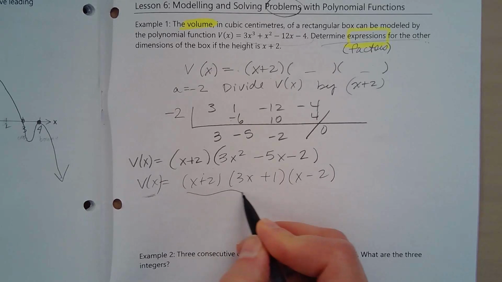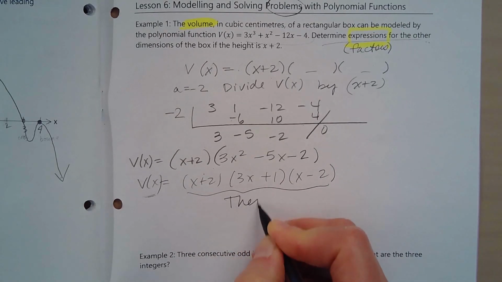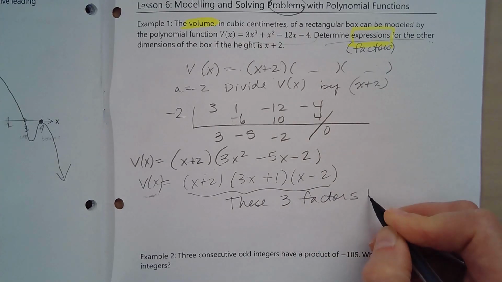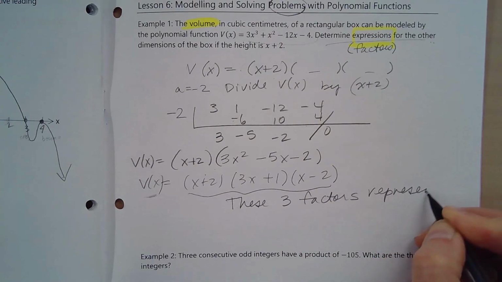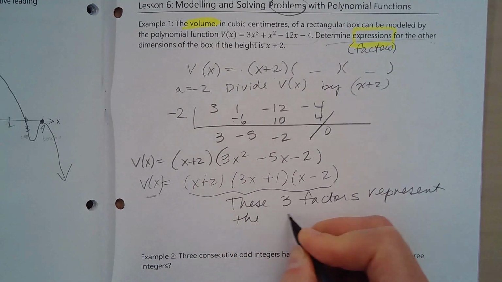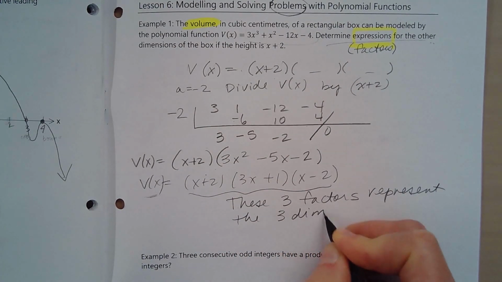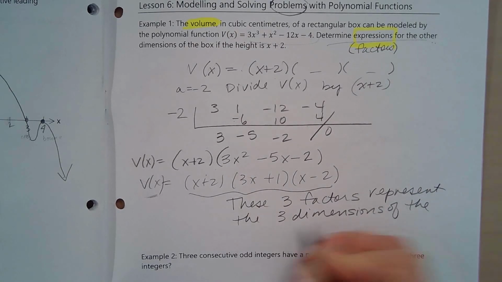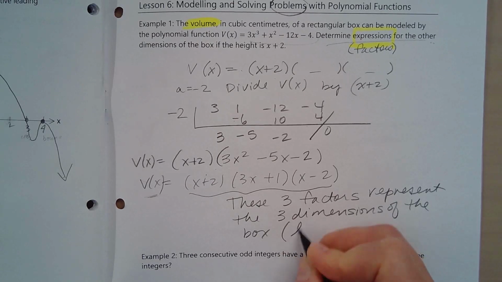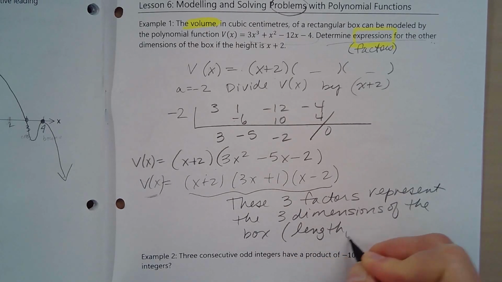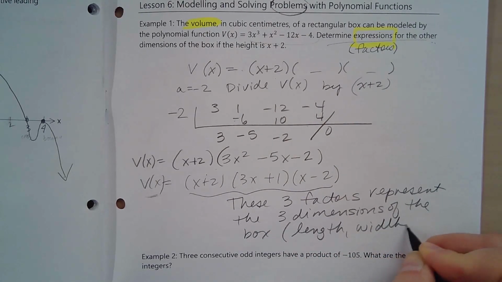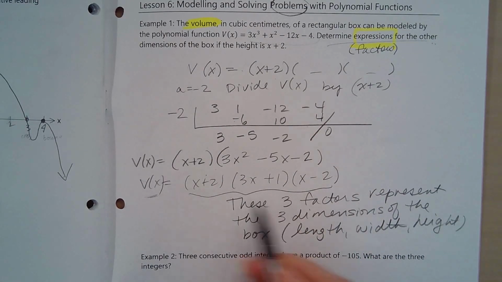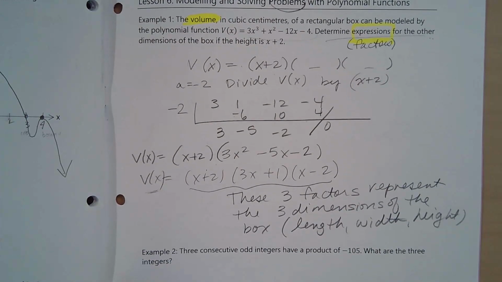So these three factors represent the three dimensions of the box: the length, the width, the height. Now, I don't know which is which. Without knowing what x is, I don't know which is which. So I just have to leave it like that.